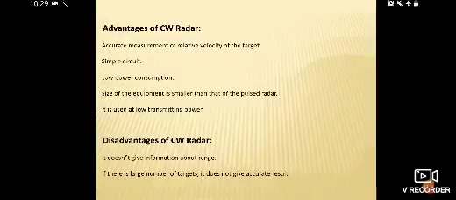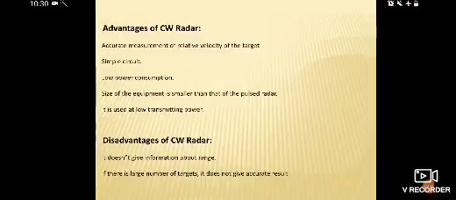It does not give any information about the range, and if we have a number of moving targets, CW radar does not give accurate results. That is the main drawback under the CW radar. And what are the advantages?